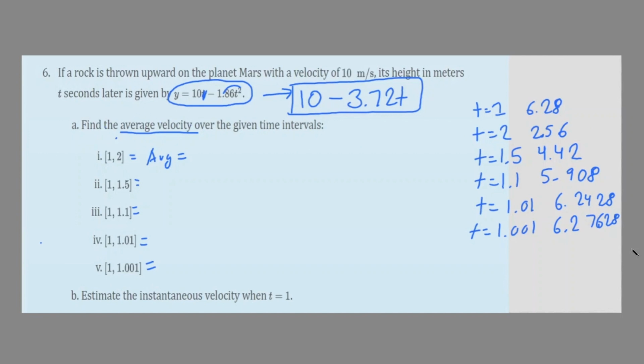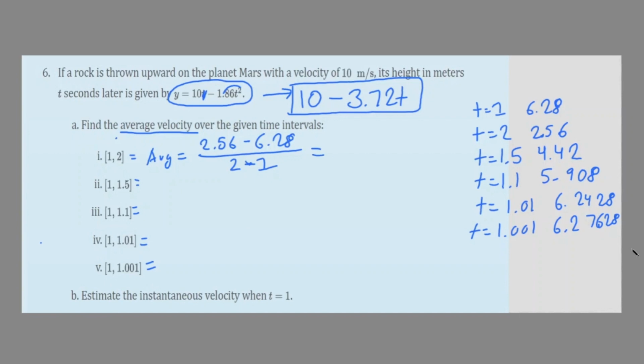So find the average velocity over given time intervals. For the first one, it's 1 to 2 seconds. So we know at 2 seconds it's 2.56, and then at 1 second is 6.28. And then on the denominator we have just 2 minus 1.